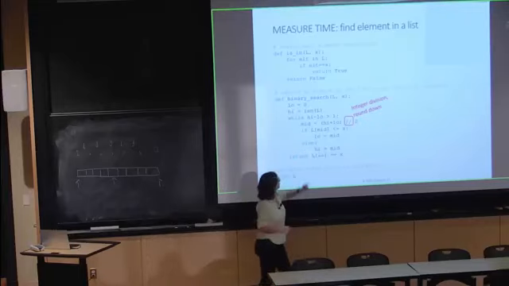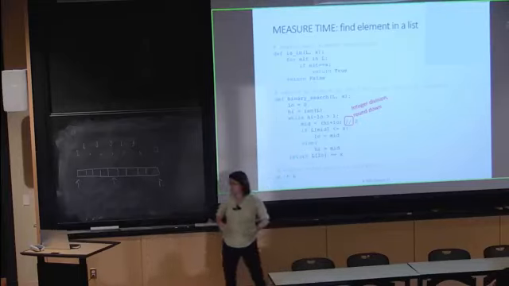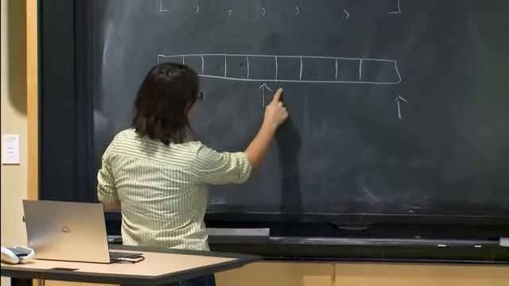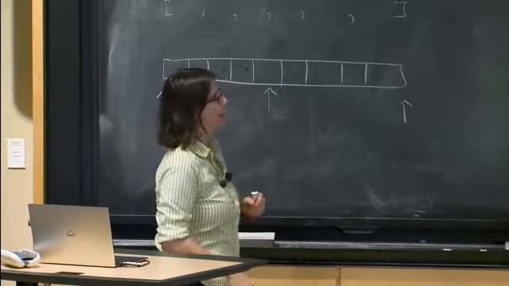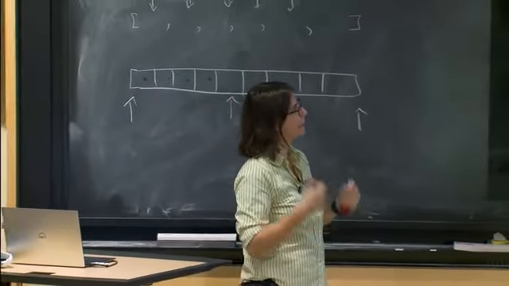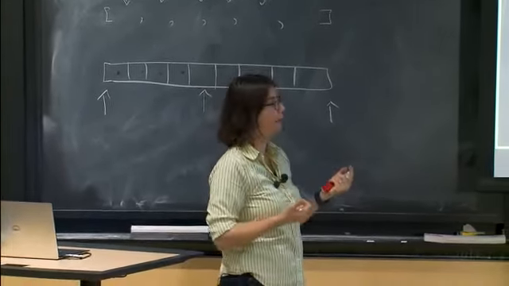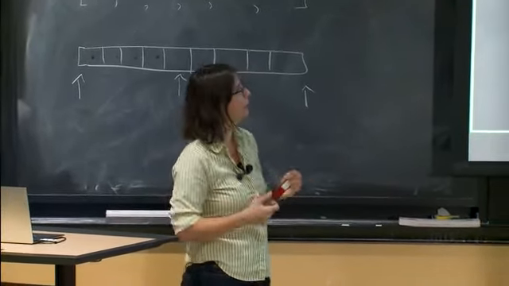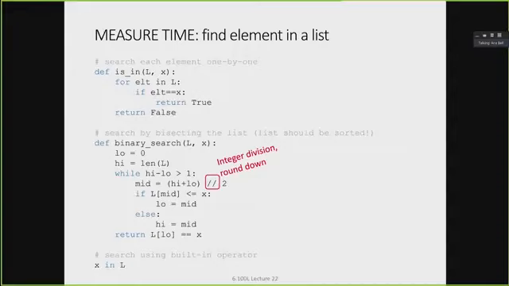The reason we're using // for integer division is that in the case where I have a list where I would look at the midpoint here, obviously I can't ask Python for the element at index 3.5. It doesn't work like that. So I'm just going to round down. You could also round up if you wanted to. I just made the choice to round down, so that I'm grabbing the element at an integer index.